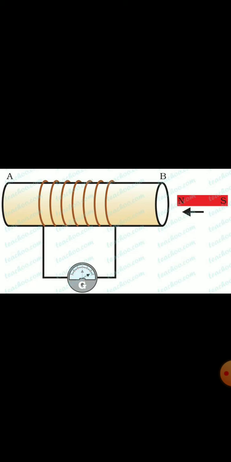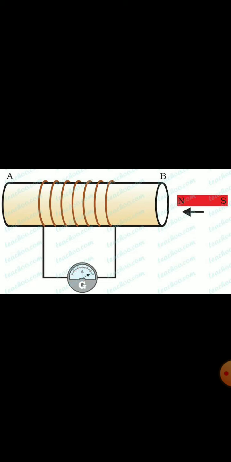Now, here the situation is different. Before, the magnet was moving. Now, in this case, the magnet is stationary. So in the second situation, what will happen if you take the north pole towards coil B? In that way, if you keep it, then it will move to the right side.